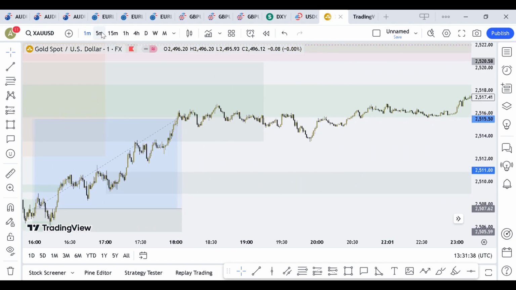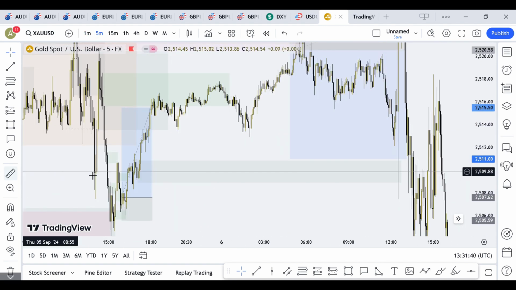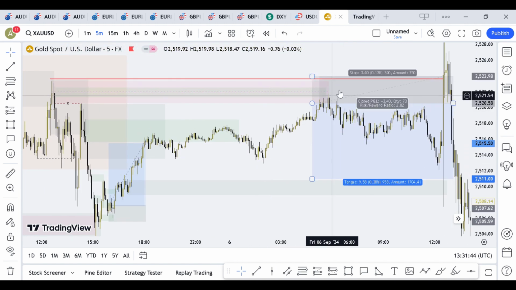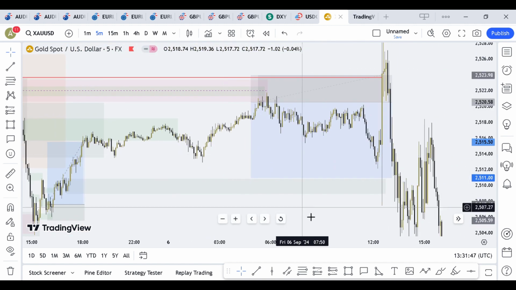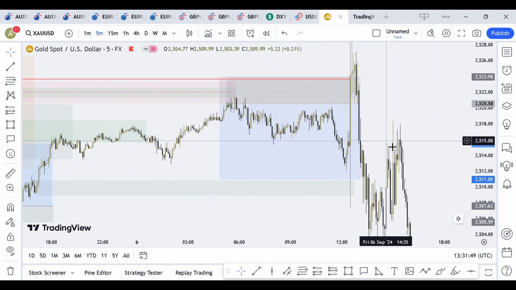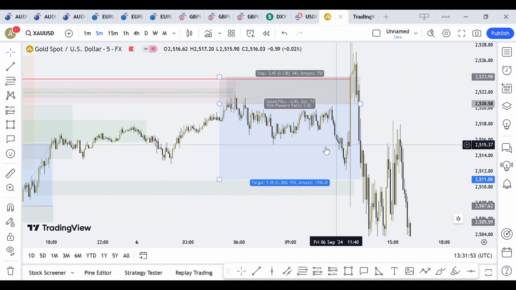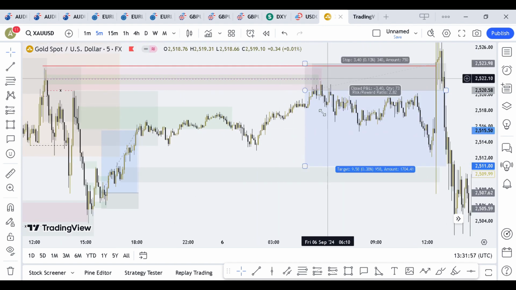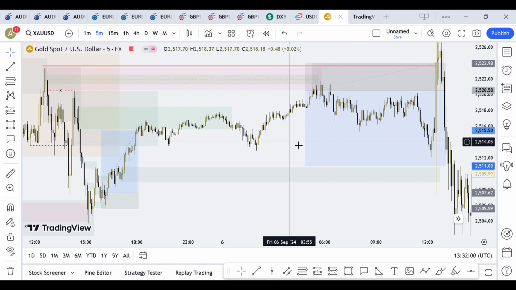Okay, and yeah, so after that I left the price to continue to the upside and also anticipate this sell. So what was a little bit unfortunate was that when price came to our zone, it actually tagged me in and started selling.